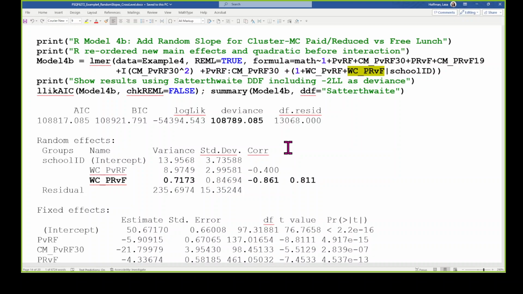If you have the sample size, you could try all 4. But otherwise, the interpretation of what it means depends on what it's paired with. So like in this model, this random slope is specifically paid versus reduced, and this one is reduced versus free. But without it, then it's paid versus either. So you have to be careful with what the one is and what's being lumped together if you leave certain things out. Okay. Good.